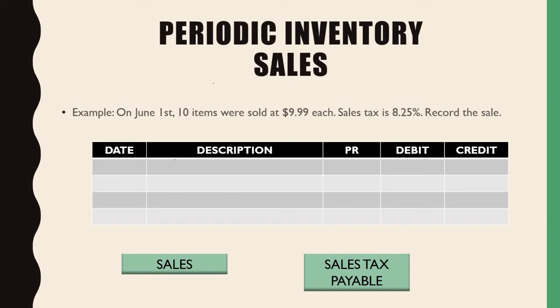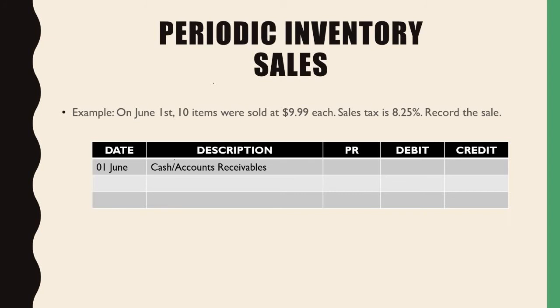So yes, we're going to be looking at sales and sales tax payable, and for whatever you're receiving, whether it's cash or on credit, credit meaning they owe you the money, that means accounts receivable. So in this case, it could be cash or accounts receivable, right?